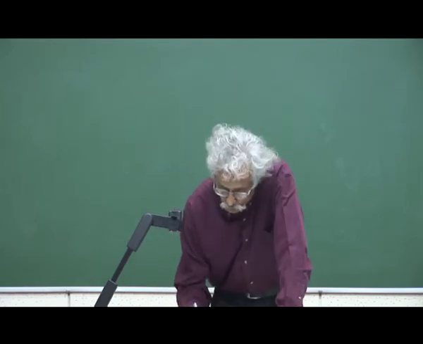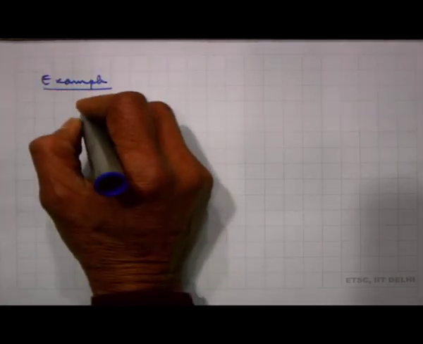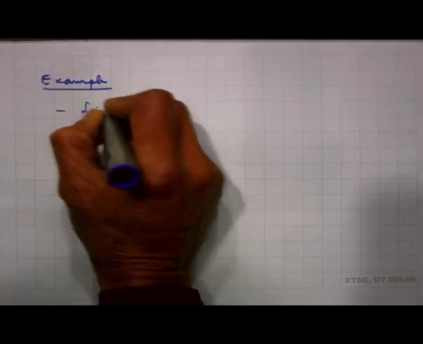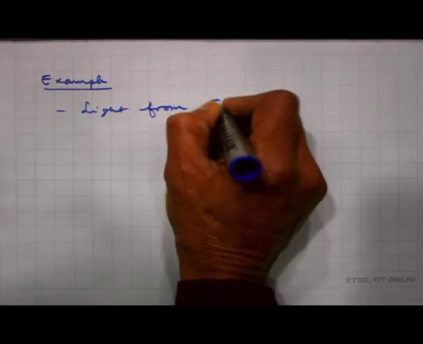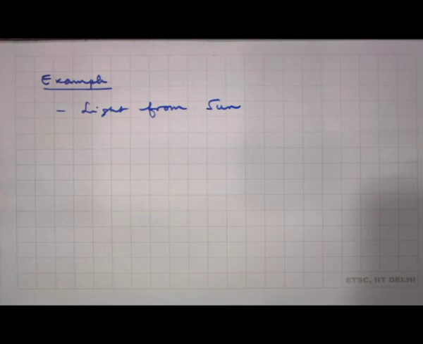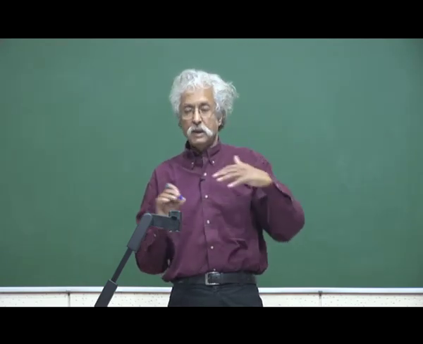The first example which I want to look at is sunlight, light from the sun. Light is an electromagnetic wave. The sunlight is falling on the earth. As it comes outside the earth, the intensity is much higher, but as it propagates through the earth's atmosphere, it gets scattered.